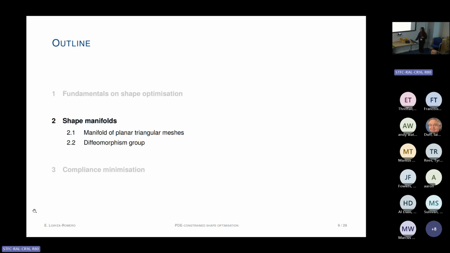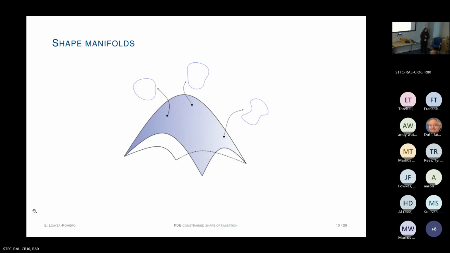That brings me to the next part of my talk. I want you to think about shape manifolds as this set. It is just a curved space, not a flat space, and each of these points represents a shape. So what we want, to intrinsically take care of the kind of shapes that we produce in our algorithm, is to always move within this set, generating new and new meshes.